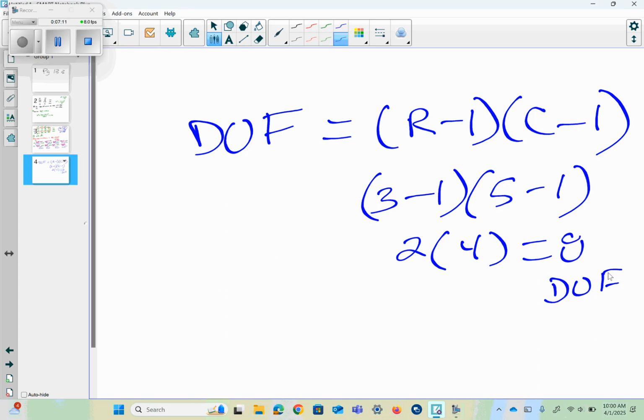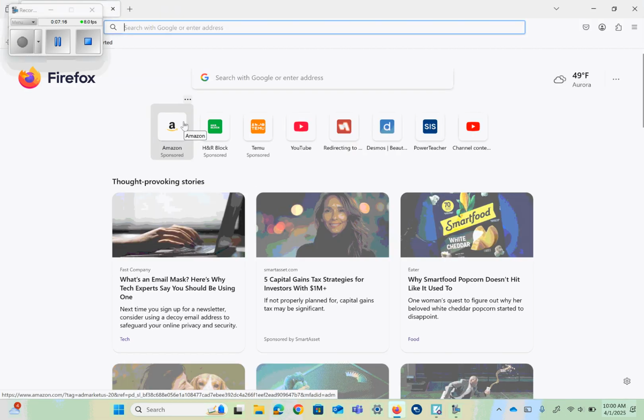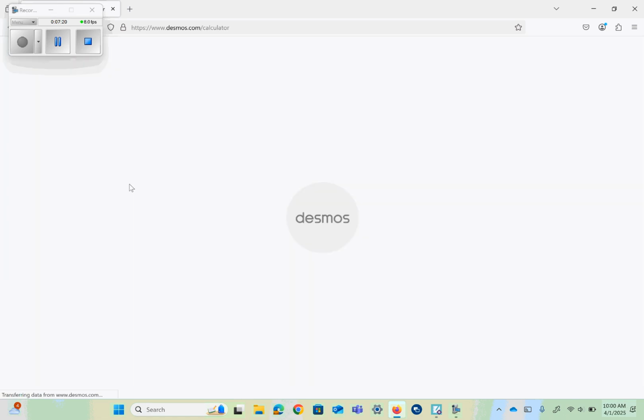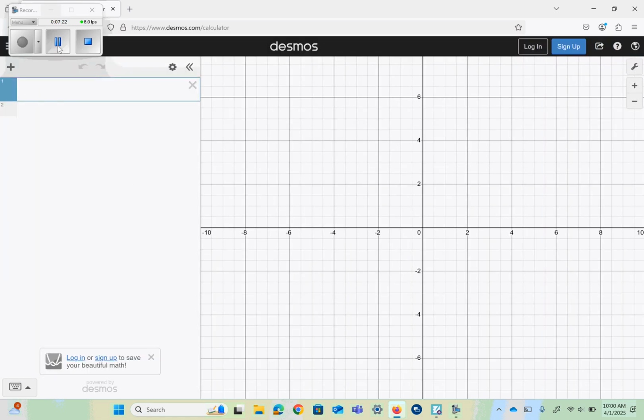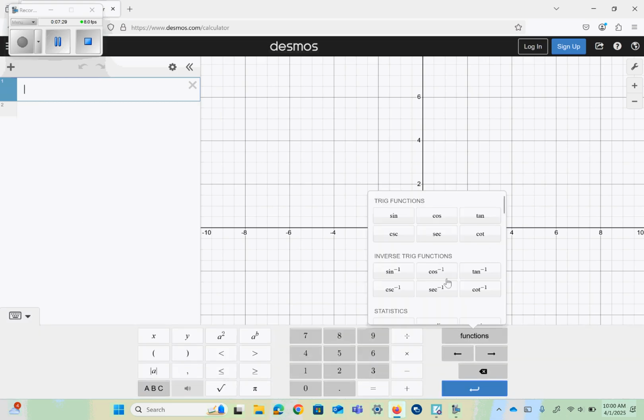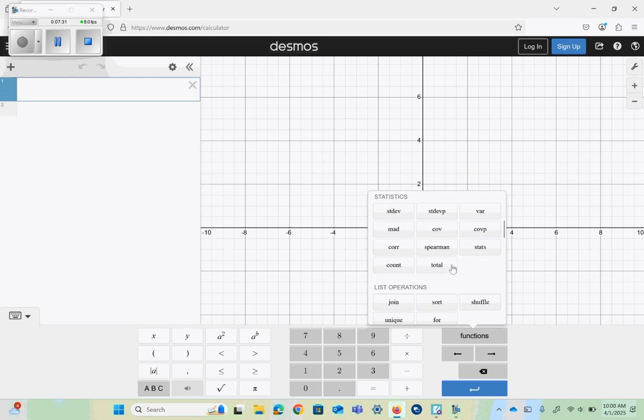Okay? So, Desmos. All right, so we're still doing a chi-squared distribution, so go over to functions, find chi-squared.